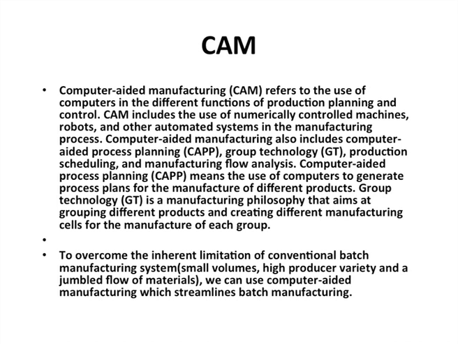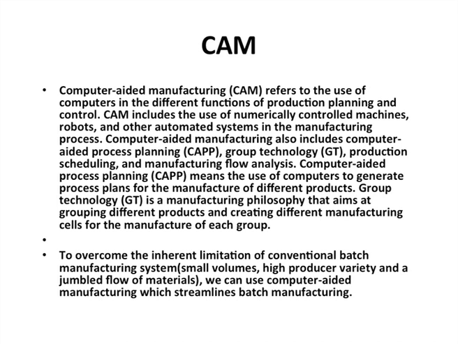CAM also includes computer aided process planning, group technology, production scheduling and manufacturing flow analysis. Computer aided process planning means the use of computers to generate process plans for the manufacture of different products.